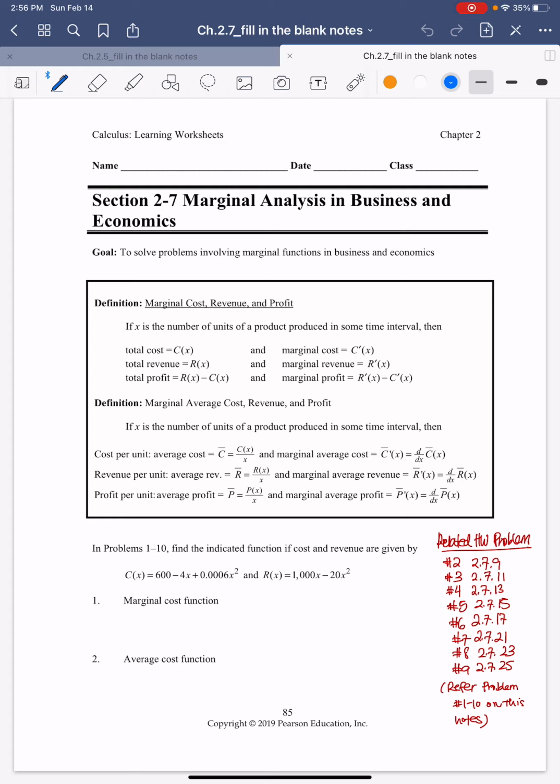When we say total cost, there's a cost when something is produced. You have to think about how much it costs, and how much do I make? But that's not a pure profit. So pure profit is the revenue minus the cost.